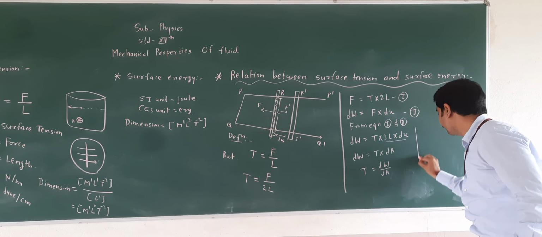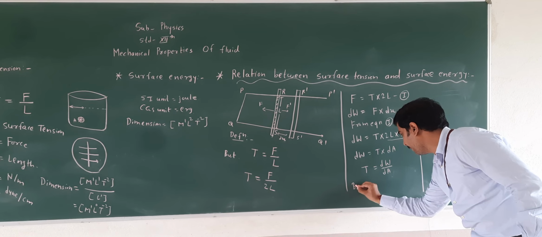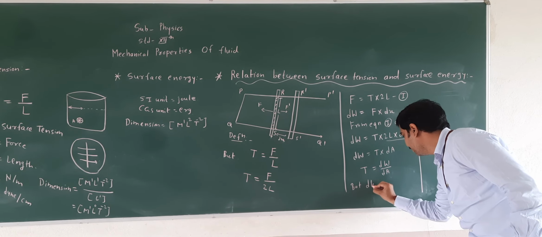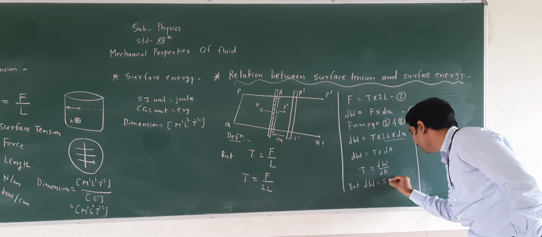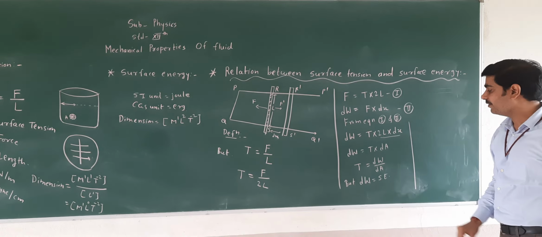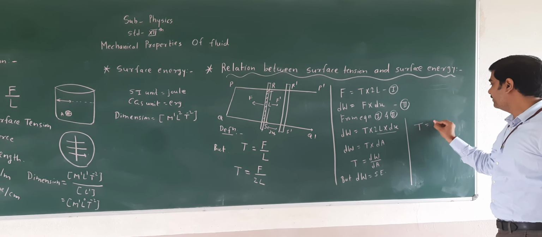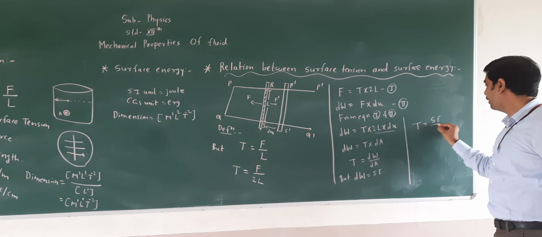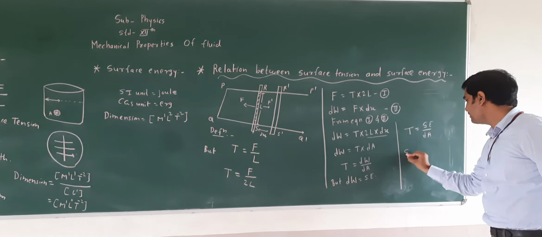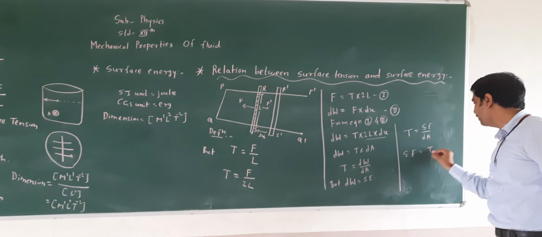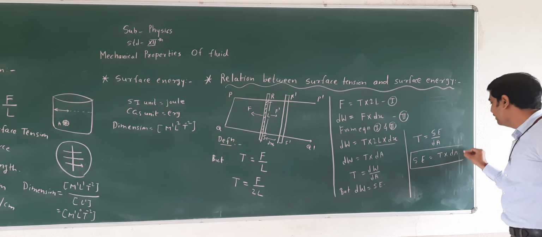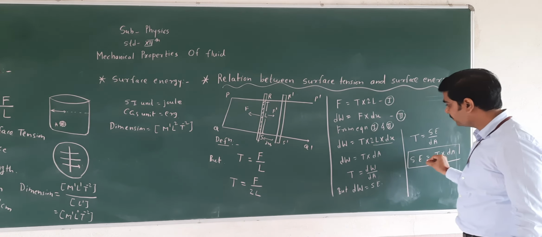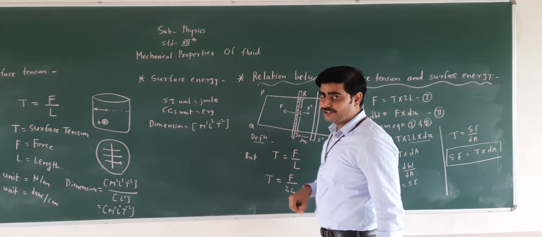But this work done is stored in the form of energy, and that energy is known as the surface energy. I am using SE for the surface energy. So T is equal to surface energy upon dA. So surface energy SE is equal to T into dA, surface tension into the area. So this is the relation between the surface tension and surface energy.